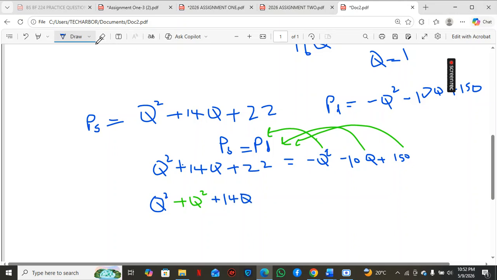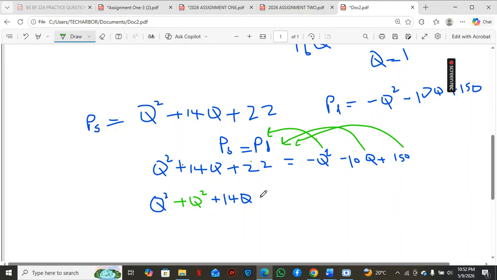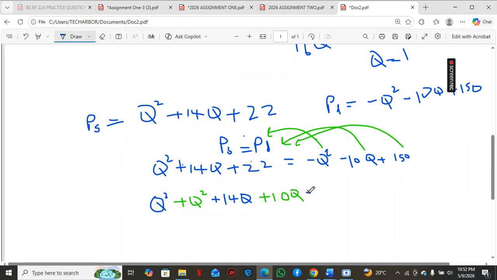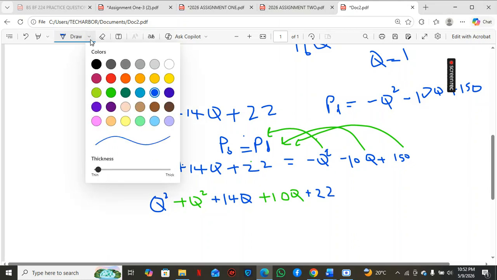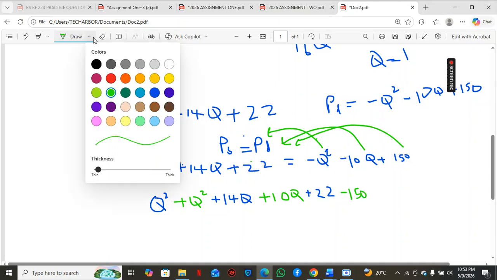This negative 10q, when it crosses over, becomes positive 10q, plus 22. And this 150, when it crosses over, it becomes minus 150, equals 0.